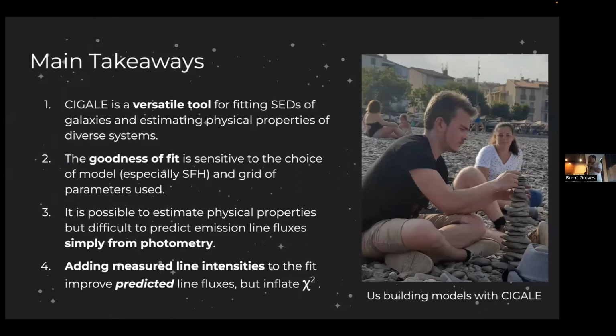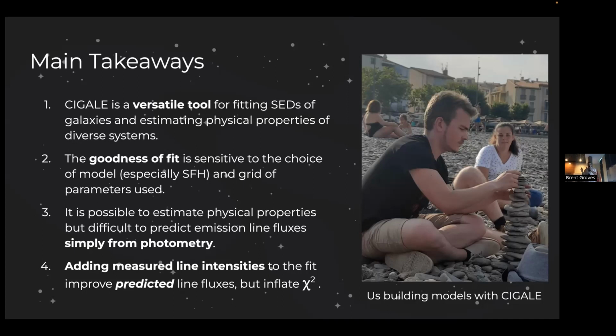So on this project, we learned 4 main points about SIGAL. First, SIGAL is a versatile tool for fitting SEDs of galaxies and estimating their physical properties. But you need to be careful on 3 points. First, the goodness of fit is sensitive to the choice of model and of the grid of parameters you use. And then you must be careful of really 2 points.